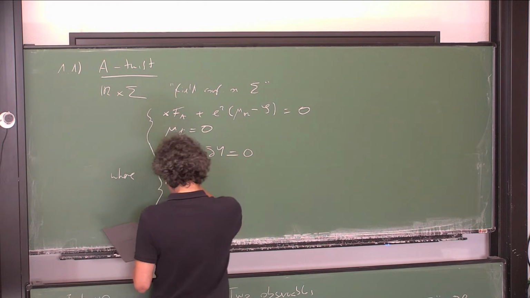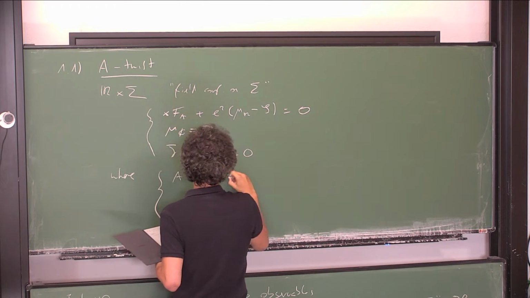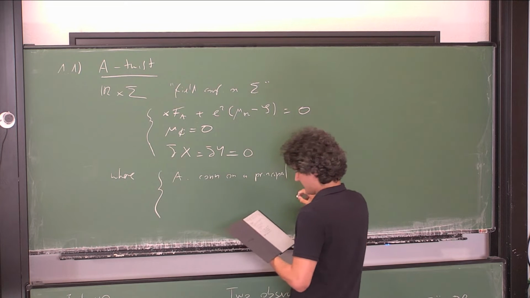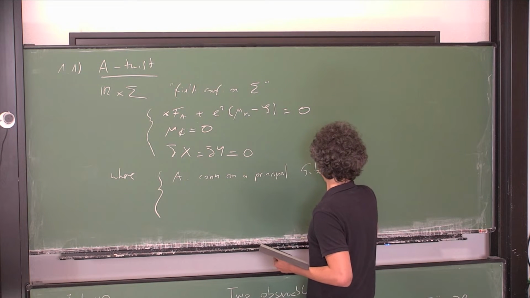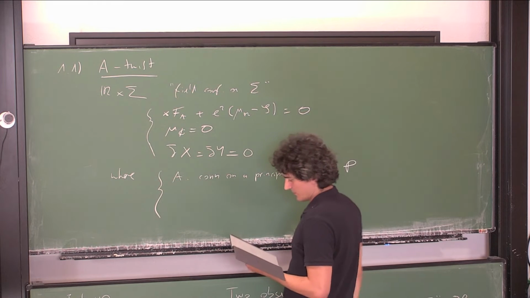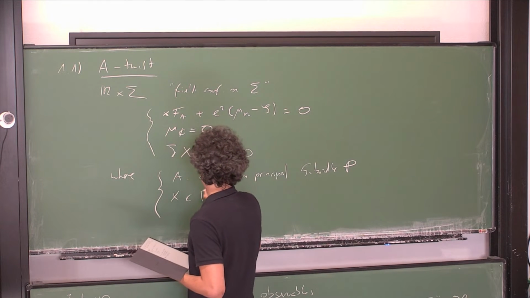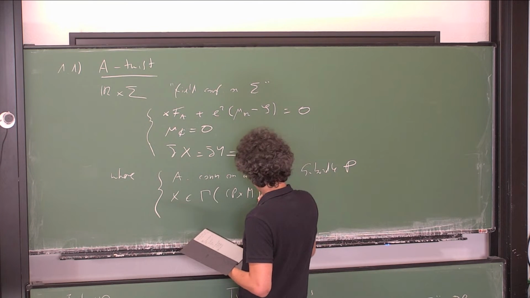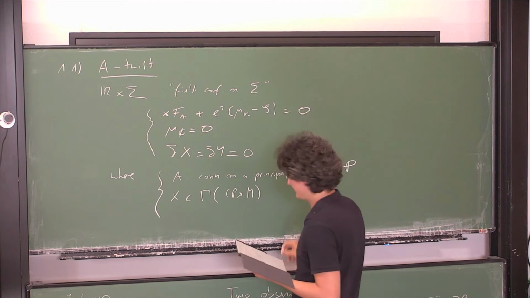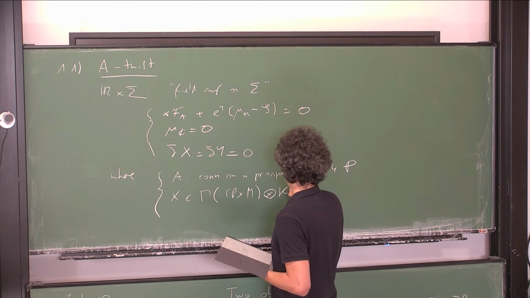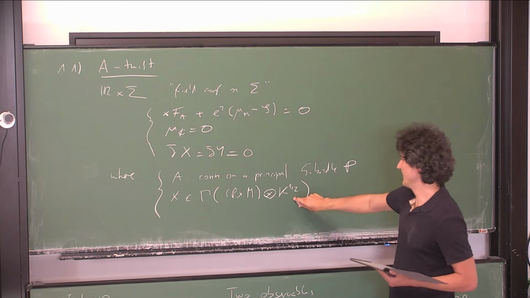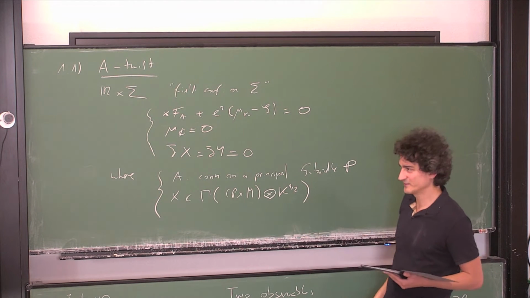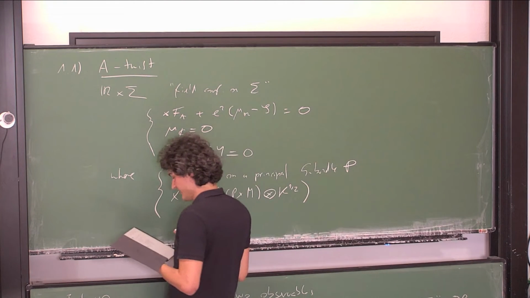So A is a connection on a principal G-bundle P, and X is a section of the associated representation M, but twisted by the square root of the canonical bundle, which is equivalent to the choice of a spin structure.